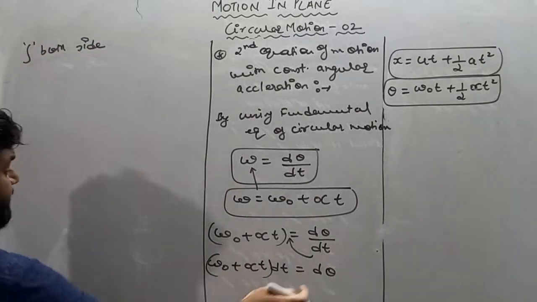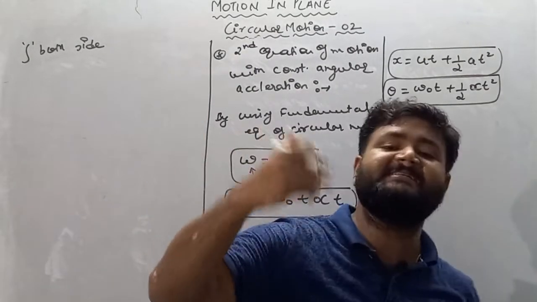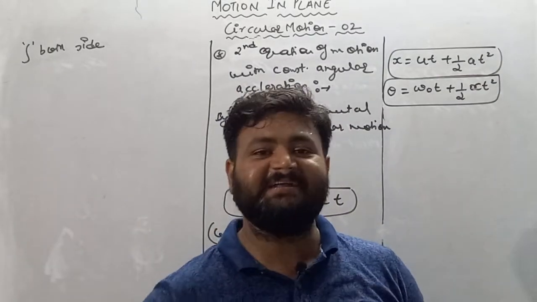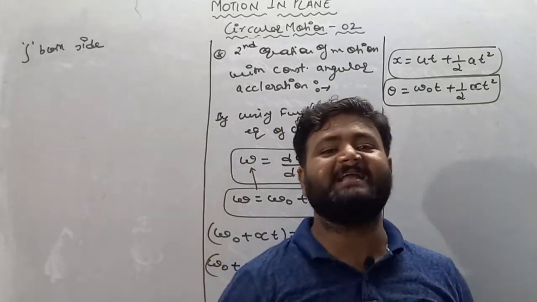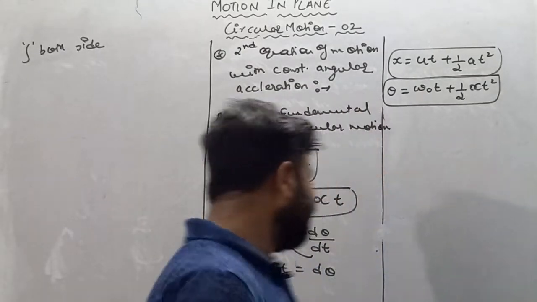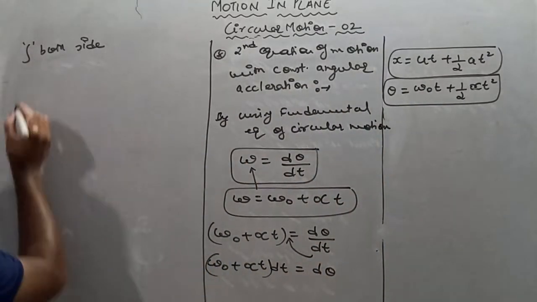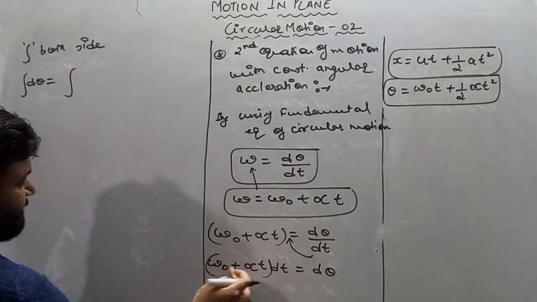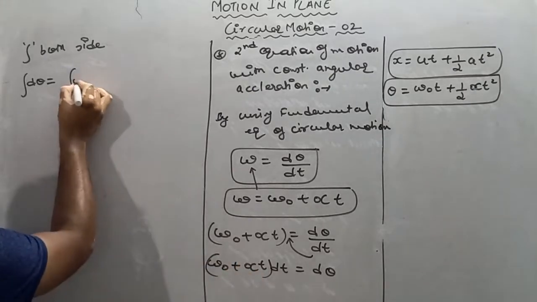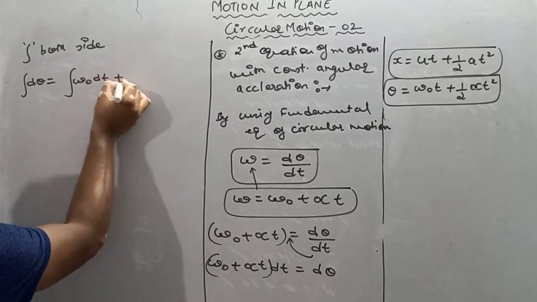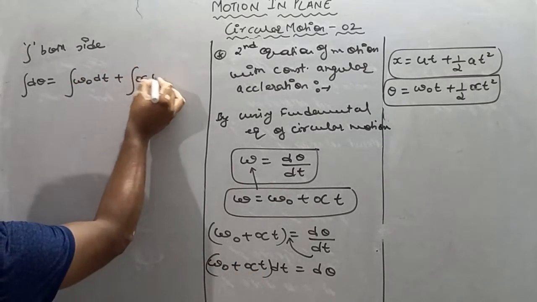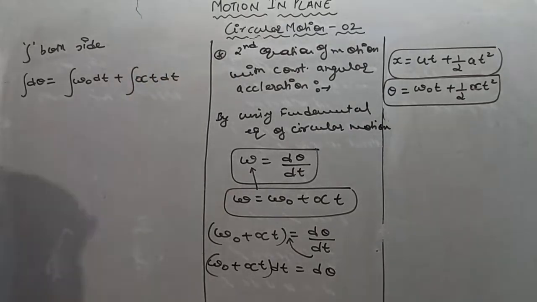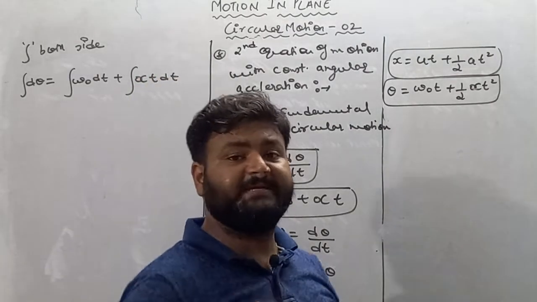So what we'll get? Because d theta is a small change in angular displacement, and if you wish to find the net change in angular displacement, you have to integrate this term. So integration of d theta is equal to integration, multiplying dt in both terms. It is omega naught dt plus integration alpha t dt. As we know, the angular displacement changes.